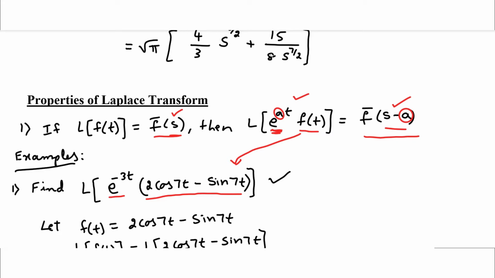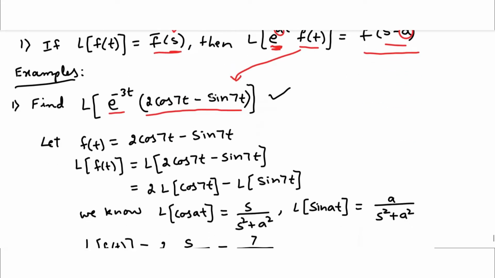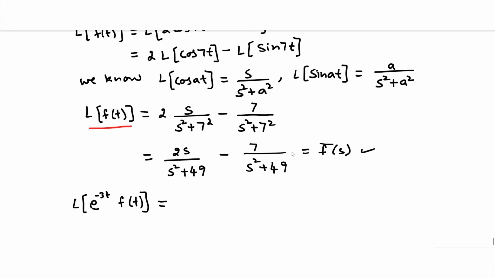So f bar of s is already there. Because I have included this e power, s has to be shifted to s minus a. As I told you, a represents the coefficient of t, and the value of a in this case is minus 3.